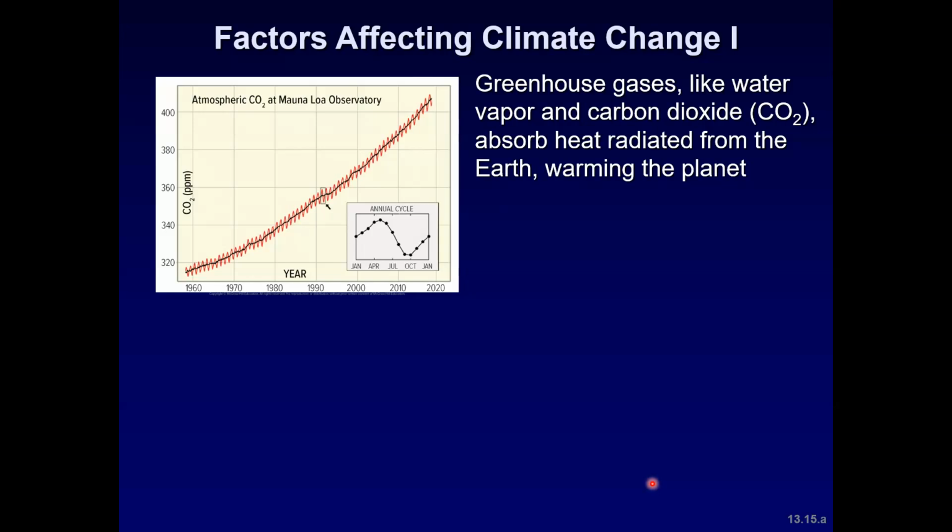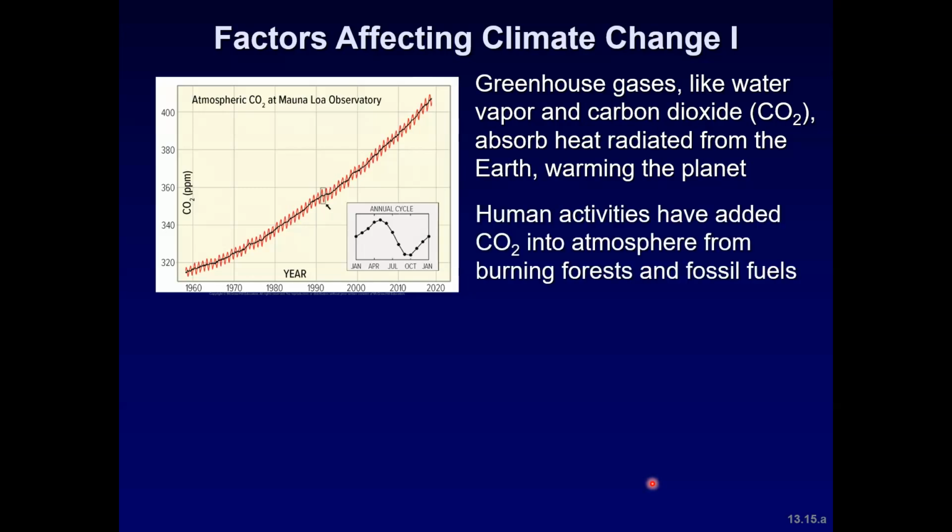This top graph is showing that atmospheric CO2 has increased steadily since 1957. Human activities that release carbon dioxide to the atmosphere have also increased in intensity over the same period of time, which leads most scientists to link the recent global temperature to an increase in human activities.